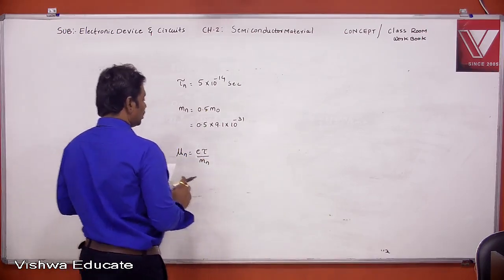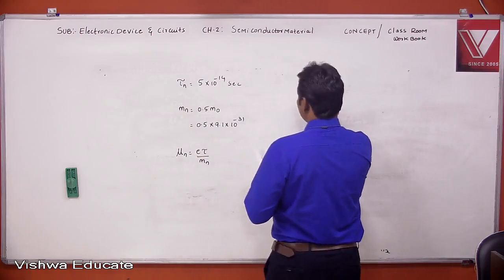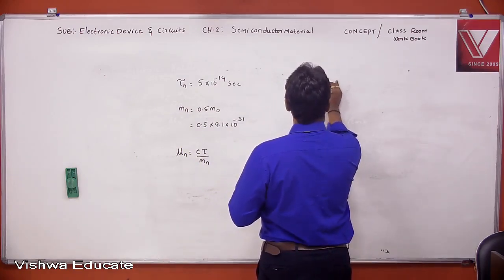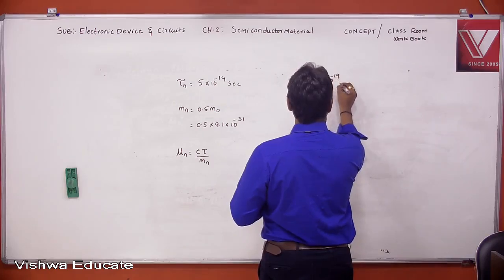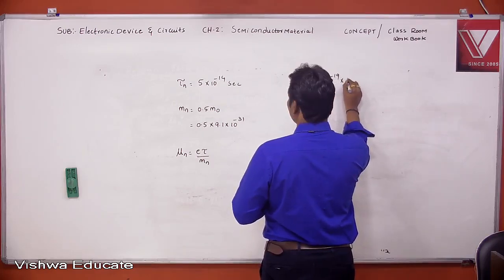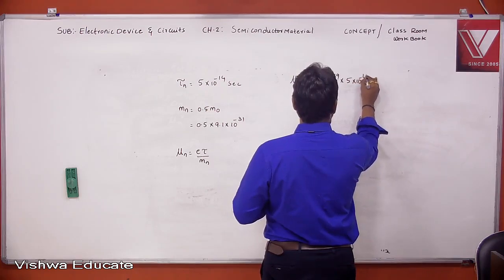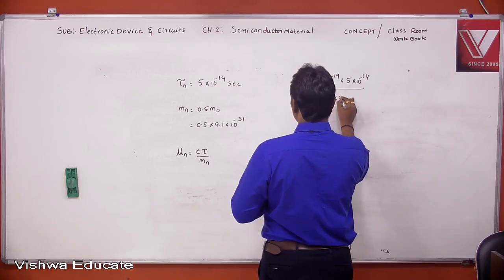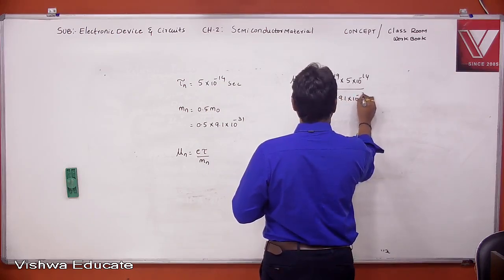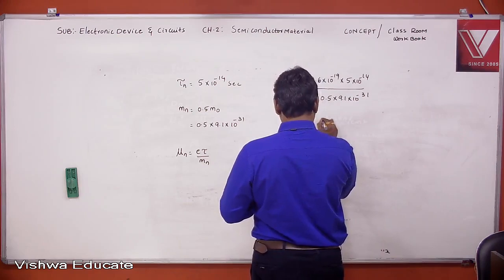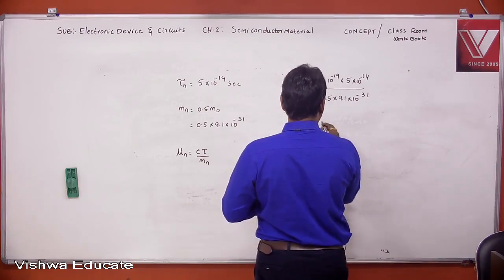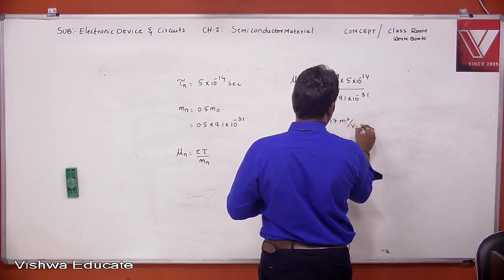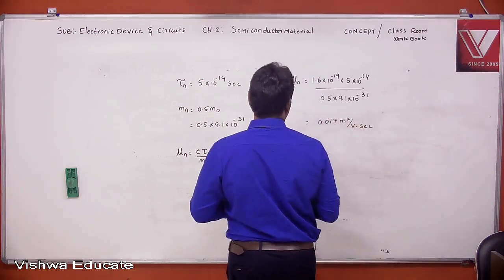So mu n equals E, the charge of the electron, 1.6 into 10 power minus 19, times carrier lifetime 5 into 10 power minus 14, divided by Mn, which is 0.5 into 9.1 into 10 to the power of minus 31. This equals 0.017 meter square per volt second. This is the mobility value.